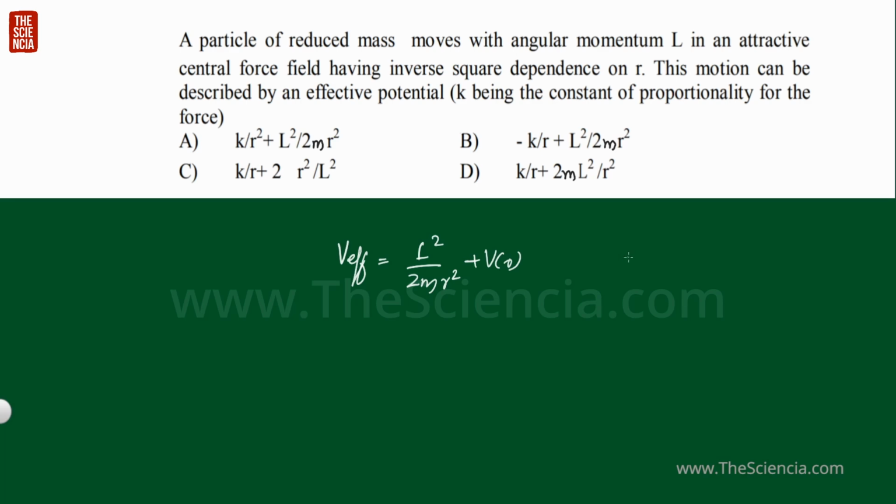So in a gravitational force field, we know the potential, that is V of r is equal to minus G M m by r. This is equal to, we can call, minus k by r. In the question itself, it is specified that k is the constant of proportionality for the force. So this will be minus k by r. So by substituting this value here, you get the answer, right? That is option B.